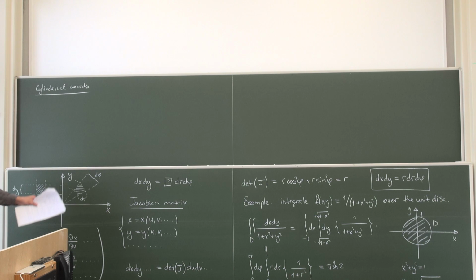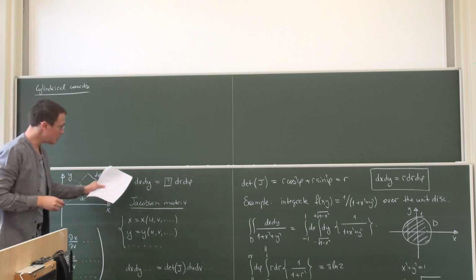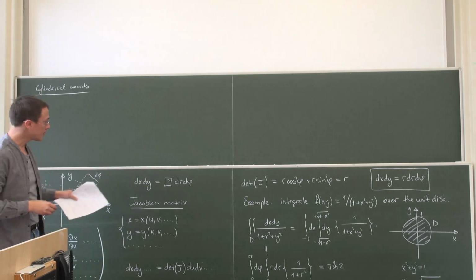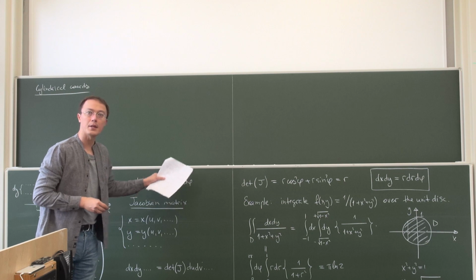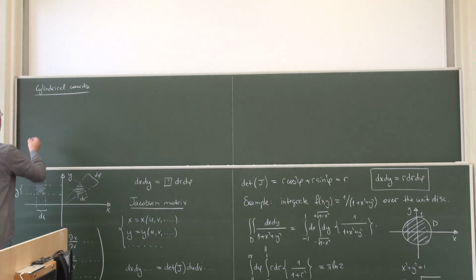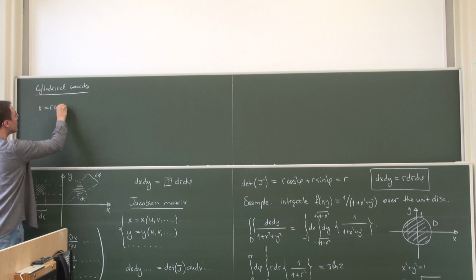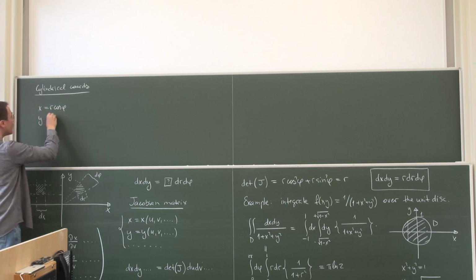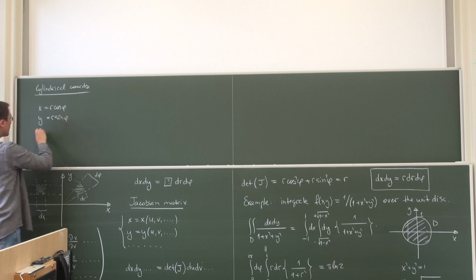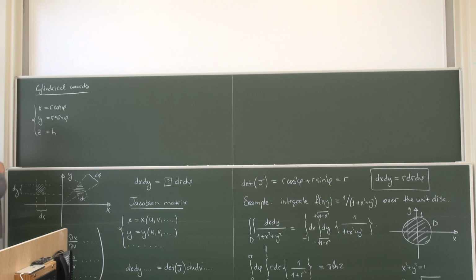Again, we need to build the Jacobian. We need to take its determinant, and that connects dx, dy, dz, then to dr, d phi, dh for the cylindrical coordinates. So I will remind you that x was r cos phi, y was r sin phi, and z was just z in cylindrical coordinates.